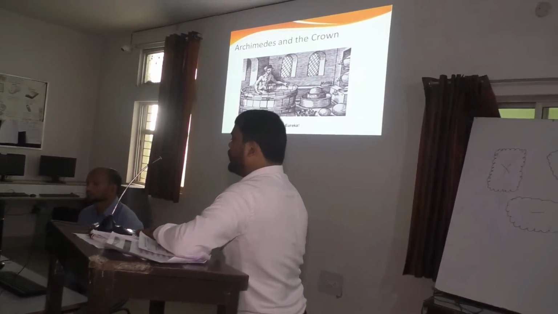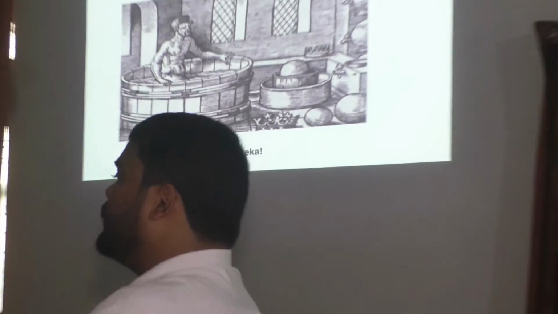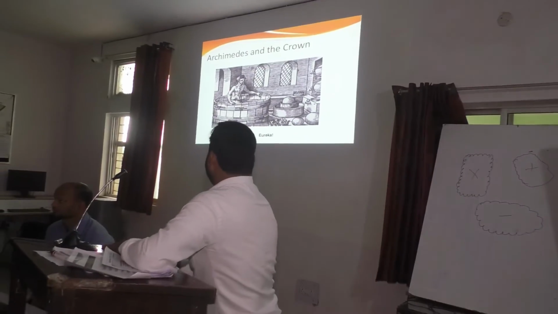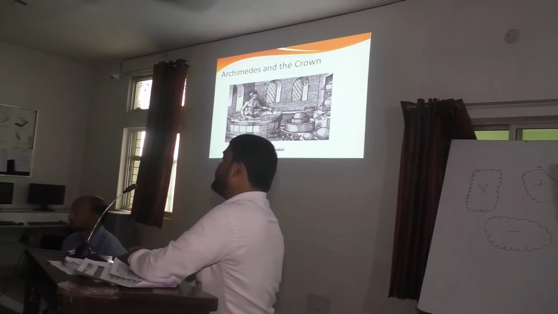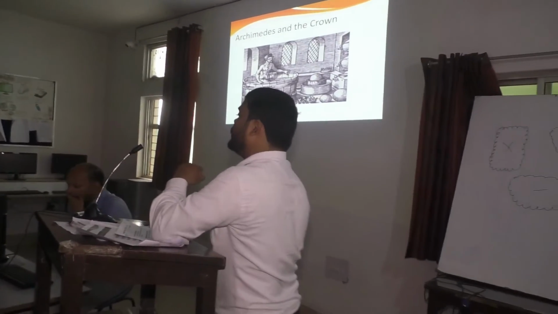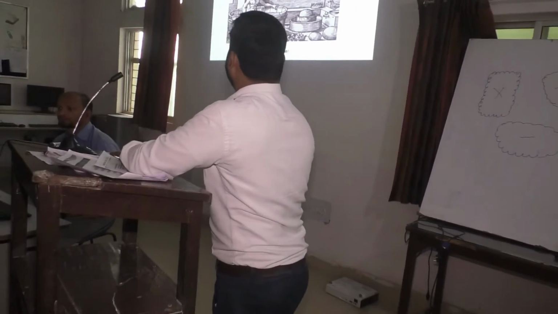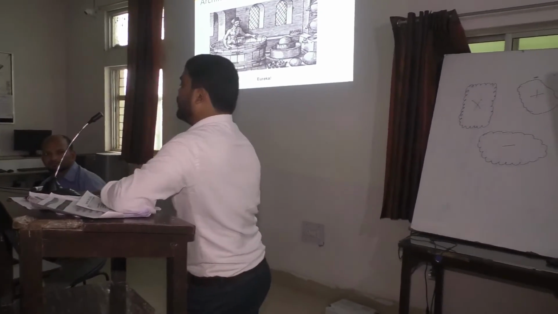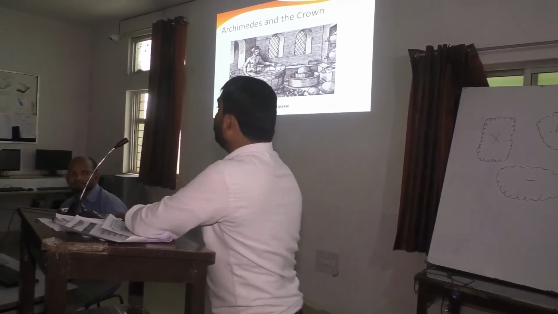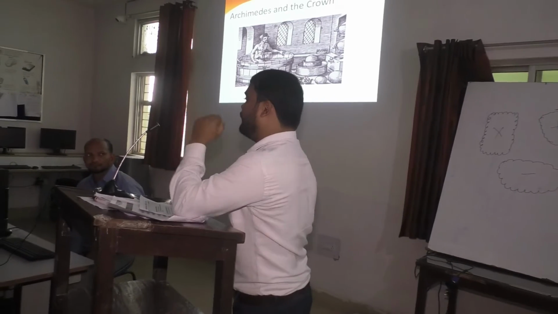According to him, different objects of different densities show different displacement of water. He took the gold crown given by the princess, which was to be checked whether this gold was pure or not. And another gold he took himself, which was pure gold of the same weight.